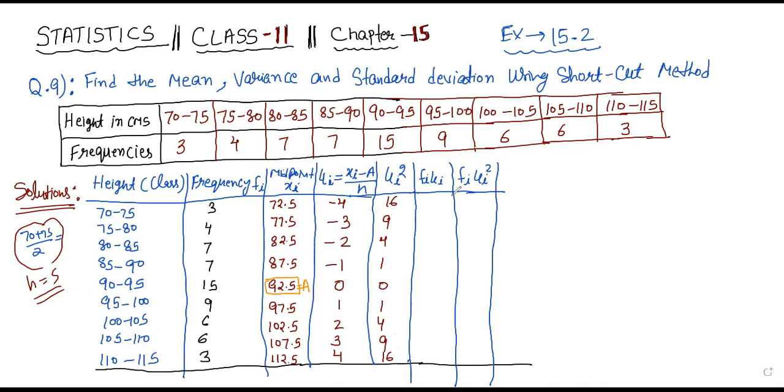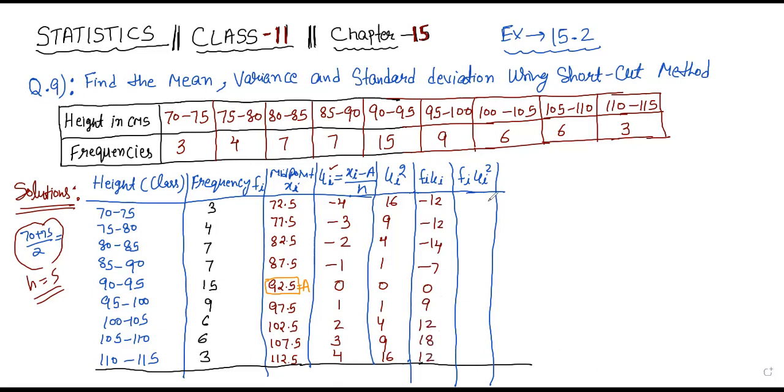So fi ui is minus 12. You can multiply the ui column with fi. So 3 into minus 4 is minus 12, minus 12, again minus 12. You can do the calculation yourself: 0, 9, 12, 18, 12, 18, and 12.